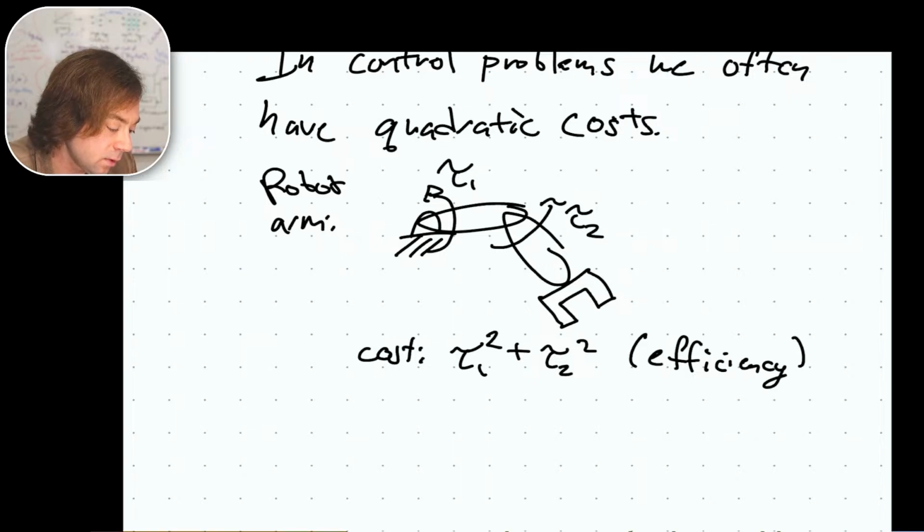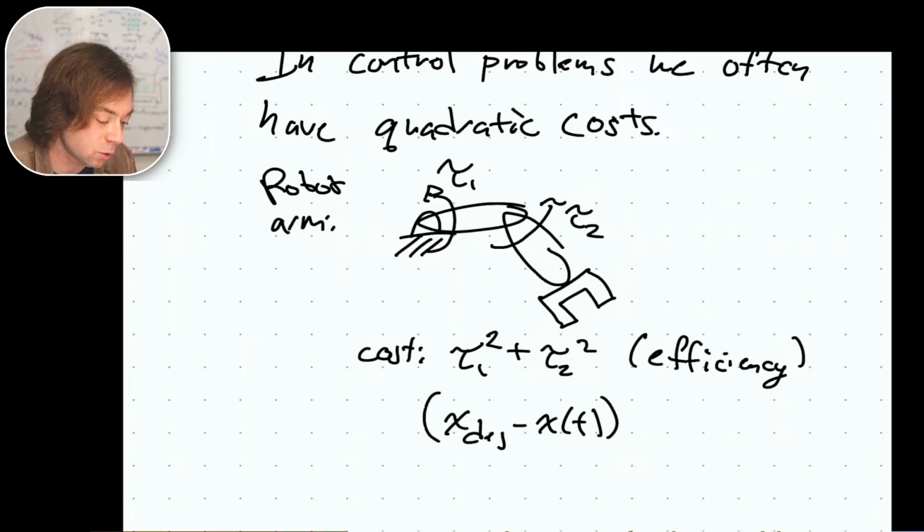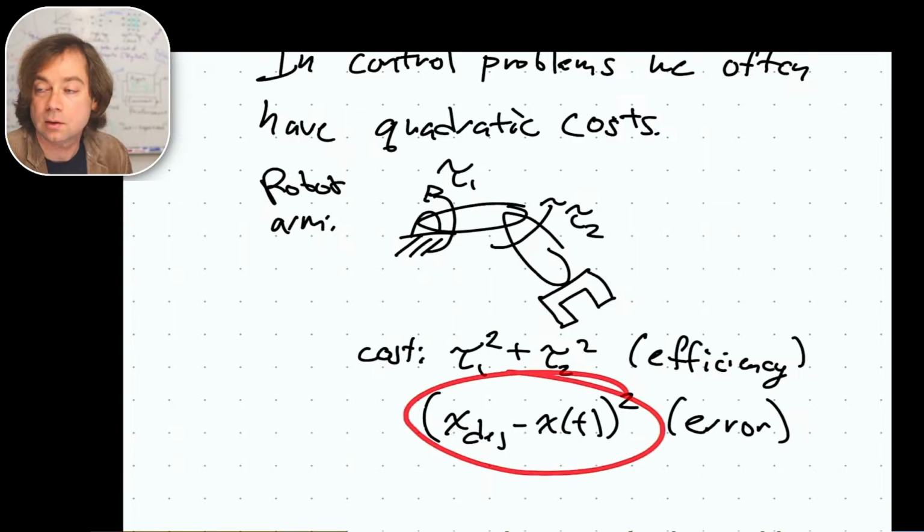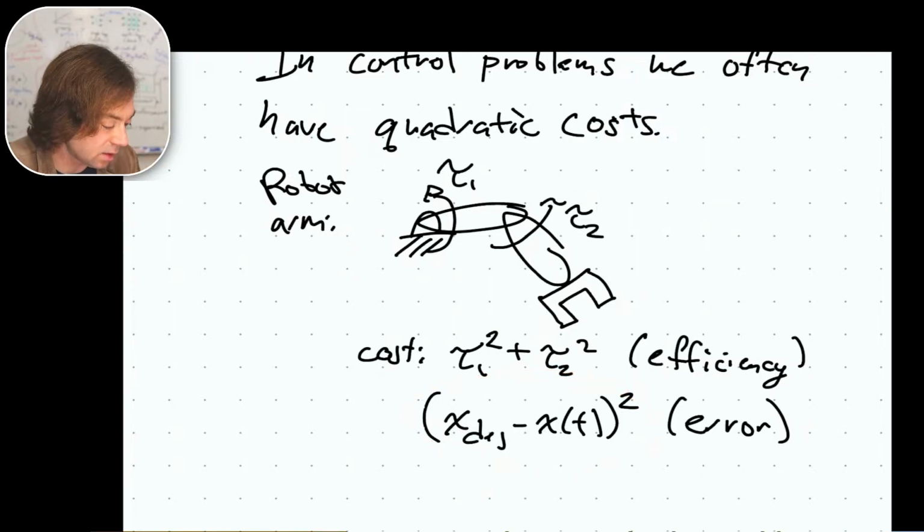You can also have cost in terms of error. So if you have some state that you want to go to, x desired minus x of t squared, that's an error, right? That you want to drive to 0. And by squaring it, that's a state.